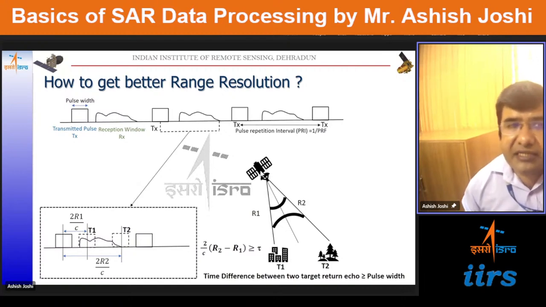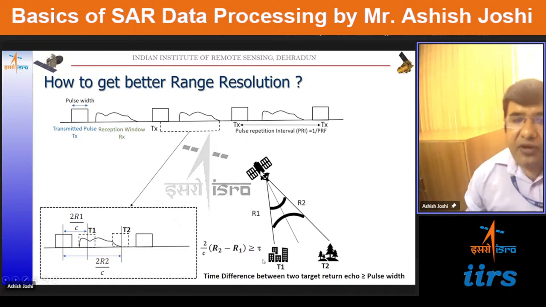In this diagram, we can see this is the pulse width, a single pulse, and this is a reception window. Then the second pulse, then a reception window, then the third pulse, then a reception window. This is the transmitter, and here the receiver catches the signal. The time between two pulses is called the pulse repeating interval.